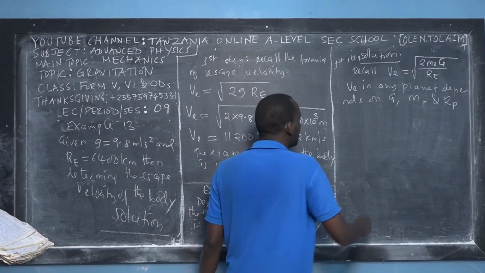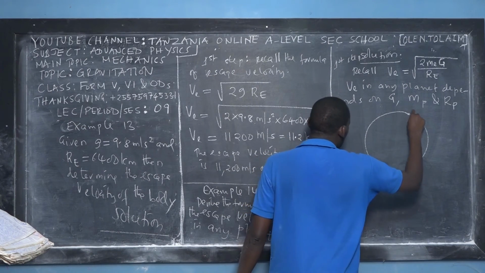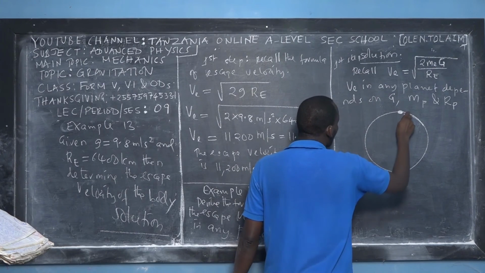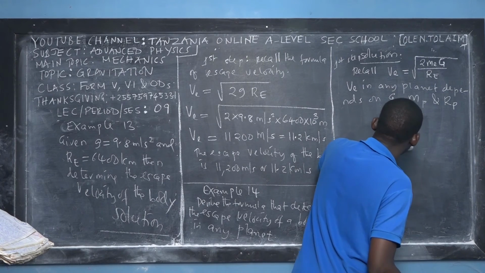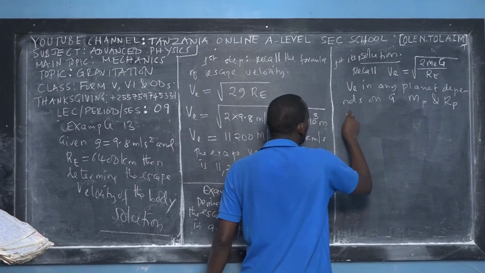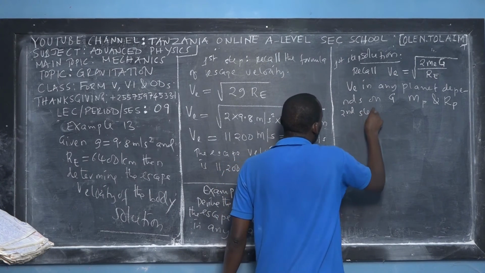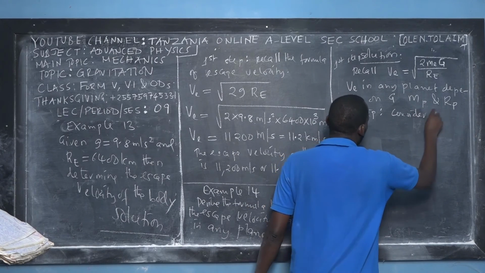What does it mean? Suppose this is the planet's surface. I want you to understand. So this is the body that you want to escape. The first step done, you go for the second step. Consider the figure below.